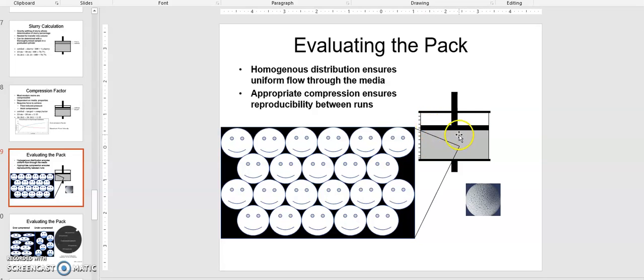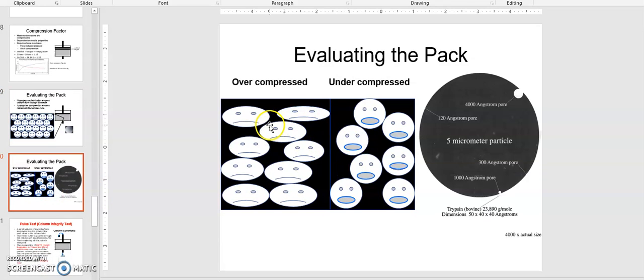It's not going to go only one direction or anything like that. There's not going to be any big air pocket that will hinder the flow of the materials, right? So appropriate compression ensures reproducibility between the runs. If you are using the same well-packed column, you will have the same result. That's the goal.